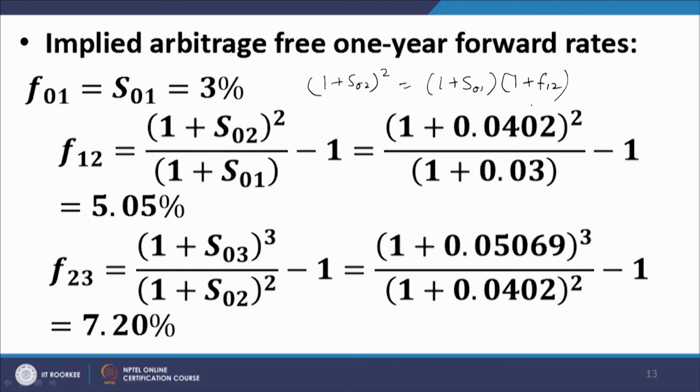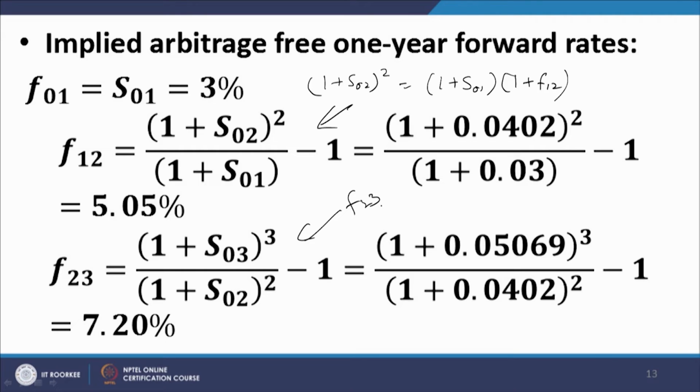When we simplify this equation for F12, we get this expression, and when we substitute the values S02 equal to 4.02%, S01 equal to 3%, what we get is F12 is equal to 5.05%. And similarly, for F23 we can again invoke this arbitrage free condition, and on the basis of this condition we arrive at this expression for F23. We substitute these values and we get F23 is equal to 7.20%.